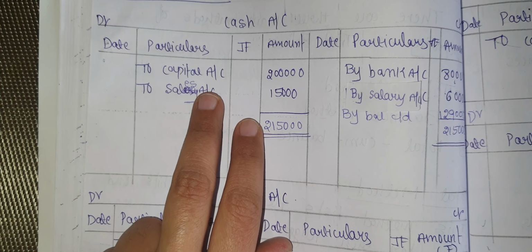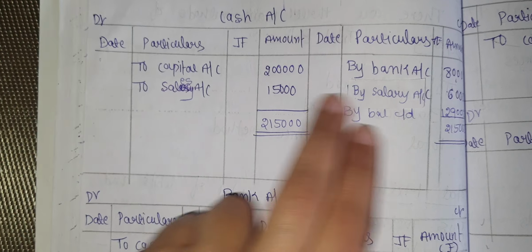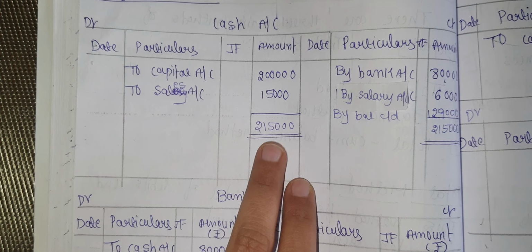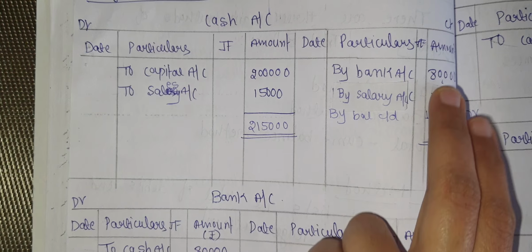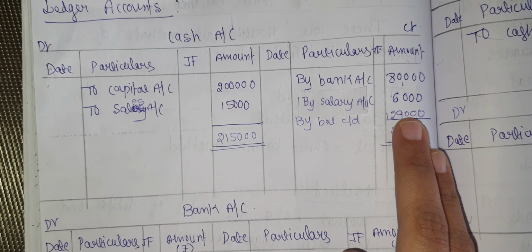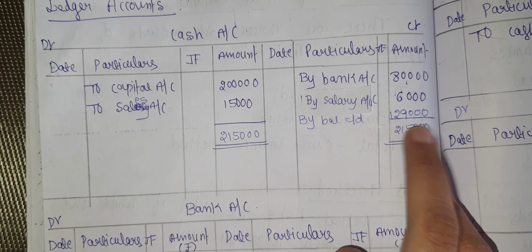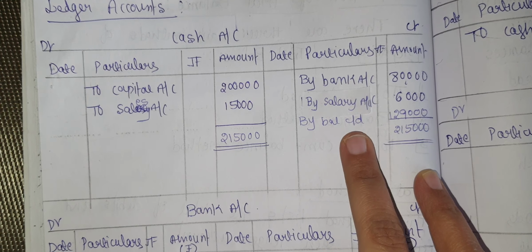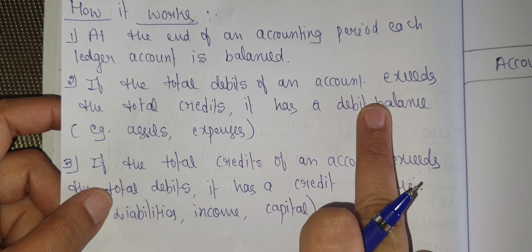Here the debit exceeds the credit, meaning the debit amount is more than the credit. Here 2,15,000, and only 86,000 is there. So our closing balance is 1,29,000. We have to consider this closing balance as a debit balance.